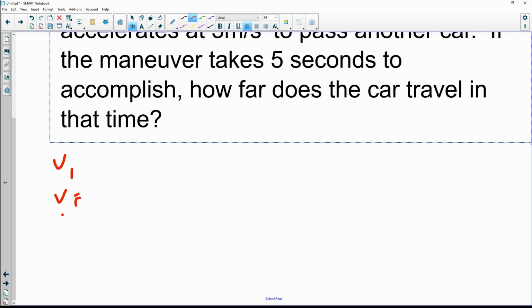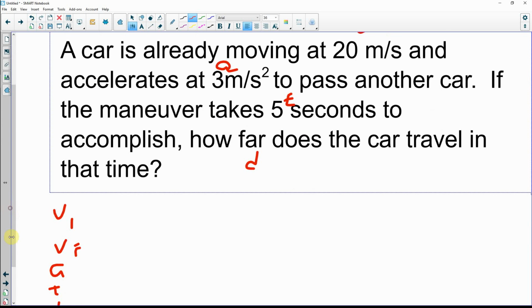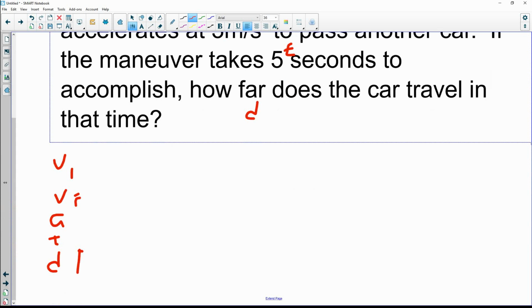VI, VF, A, T, D. A car is already moving at 20 meters per second, so that's a VI, and accelerates at 3 meters per second squared, that's an A, to pass another car. If the maneuver takes 5 seconds, that's a time, how far, that's a displacement, does the car travel in that time?